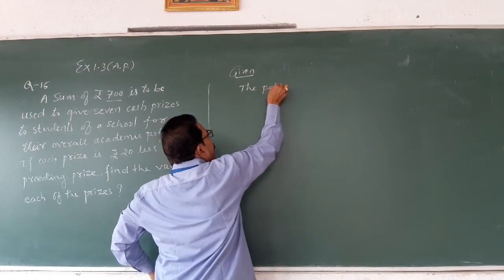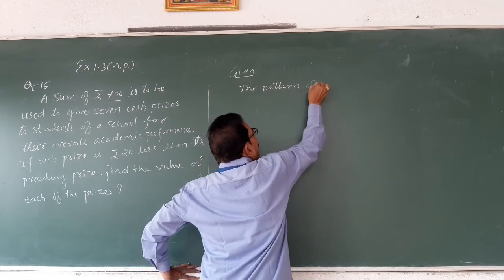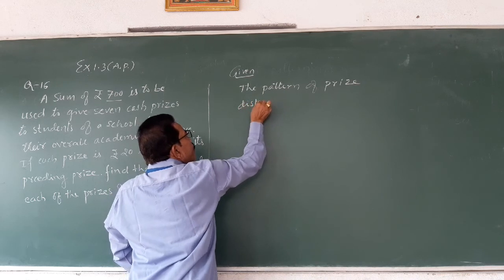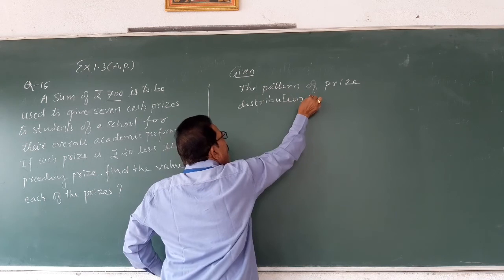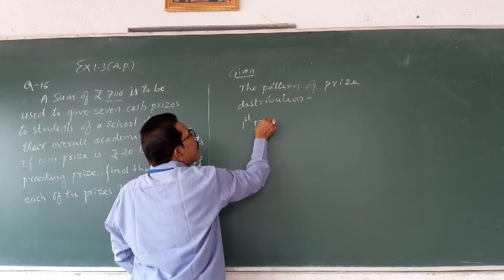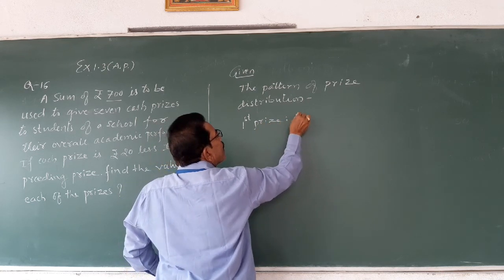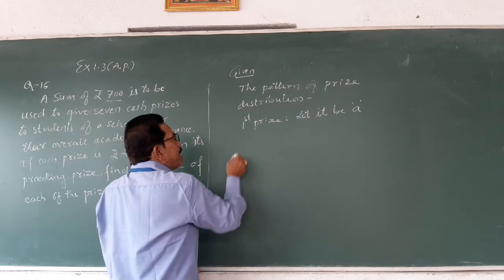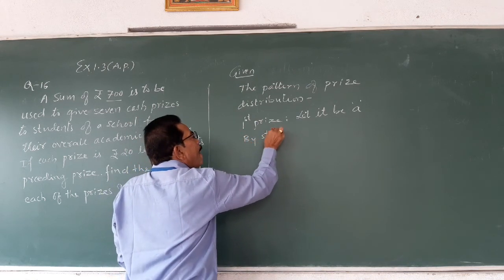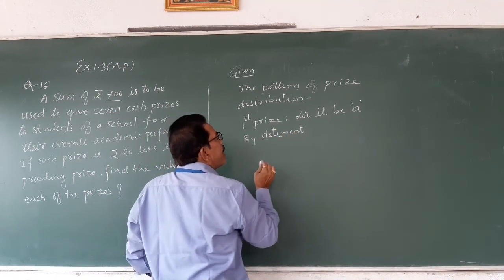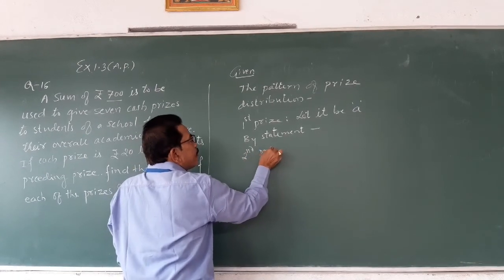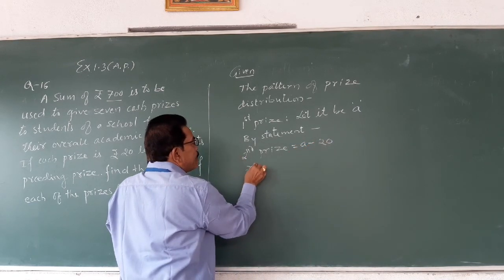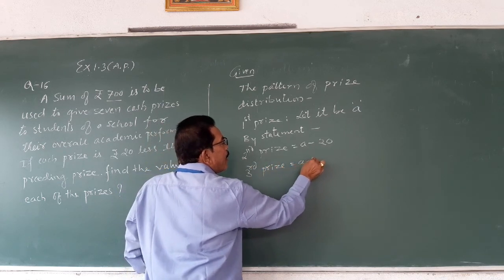the pattern of prize distribution. First prize, let it be A. By the statement, second prize A minus 20, third prize A minus 40.